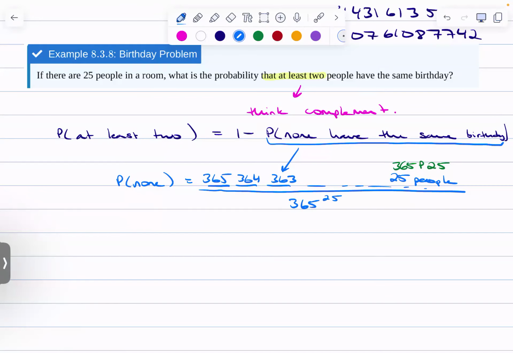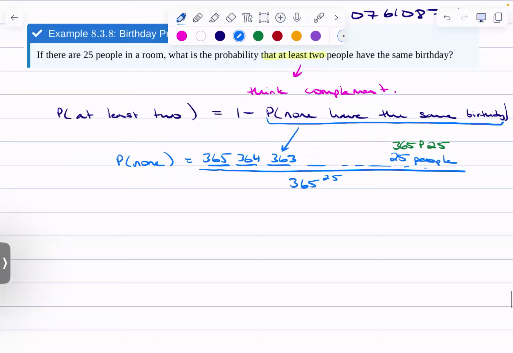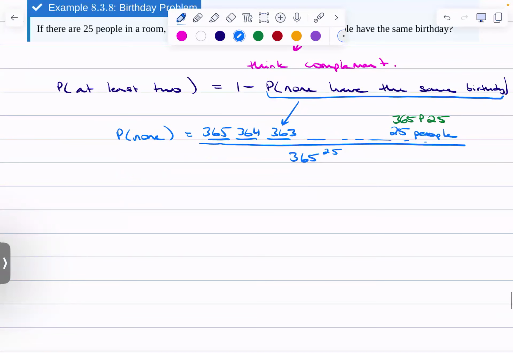That's kind of the leap, but I'm just giving it to you. So then the probability of none, let's see if my calculator will even do 365 to the power of 25. Okay, it does, but it's huge. How about 365 permuted 25 ways? Quite large as well. It's going to be in scientific notation: 4.921543949 times 10 to the power of 63, which is huge.